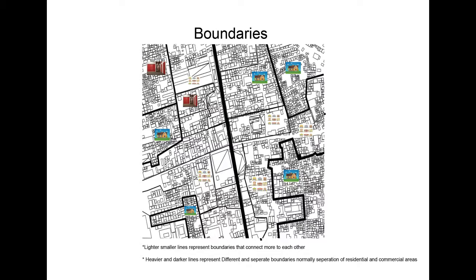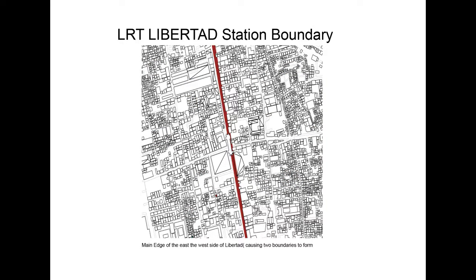The residential areas are also a boundary because most of them are just houses, and there's a definite corner. If you enter the residential areas, it feels more like a suburb, and when you leave, there's a row of commercial areas. Commercial areas mostly take up the whole main roads of Arnaiz and Taft. Yes, that's the division.